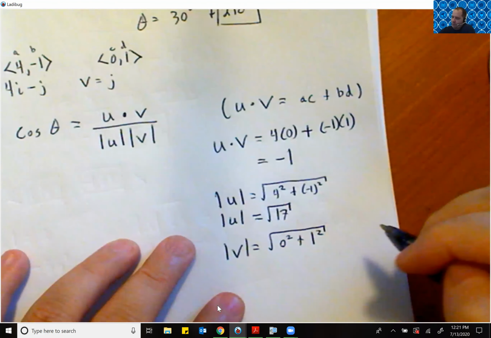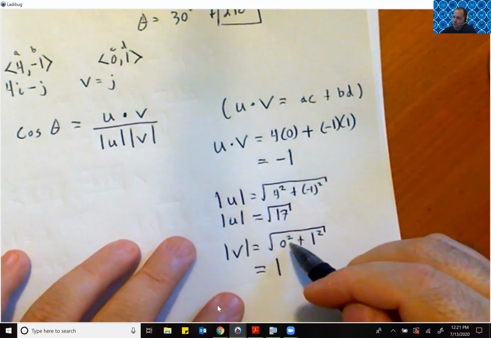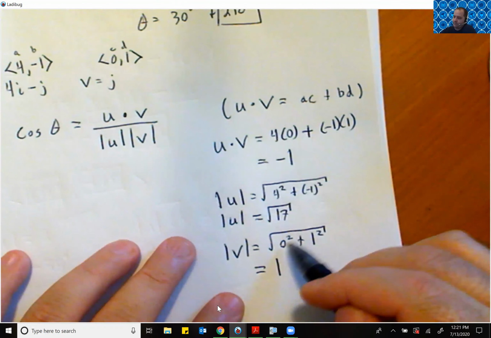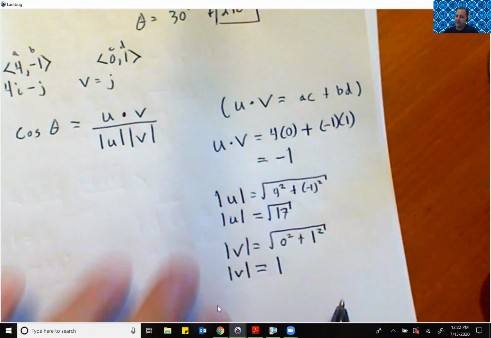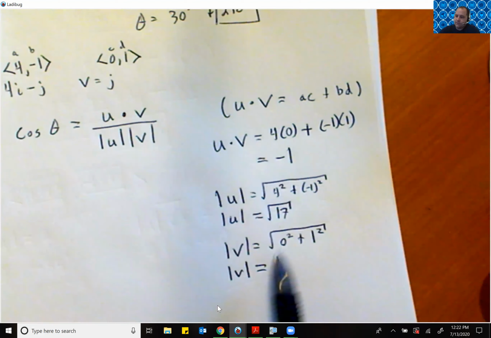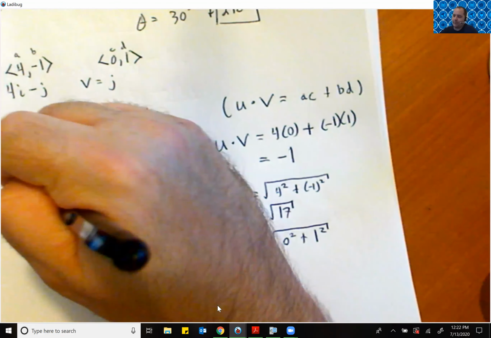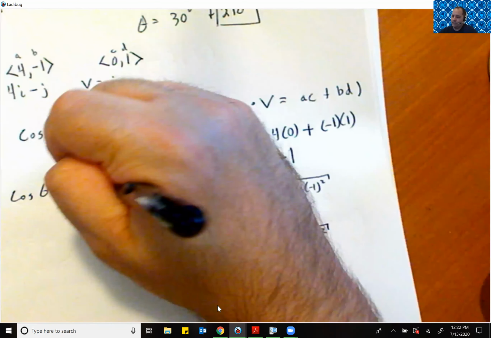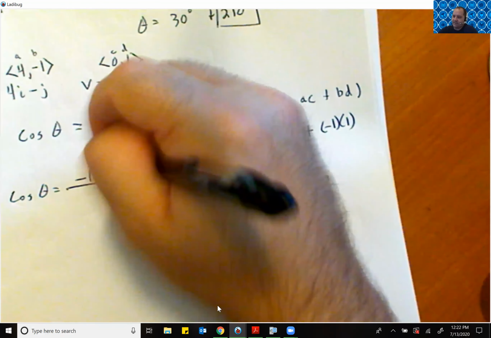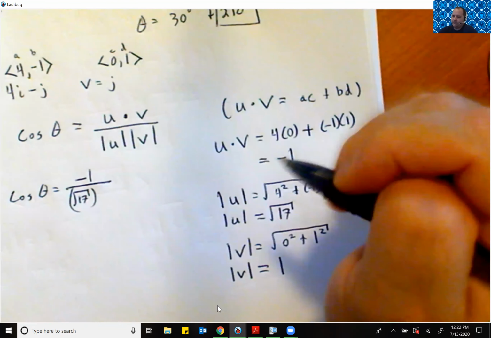That's just going to be 1, because 0 squared is 0, 1 squared is 1. Square root of 1 is 1. All we have to do now is plug in our pieces of information. So cosine theta is equal to the dot product, -1, all over square root of 17 times 1.